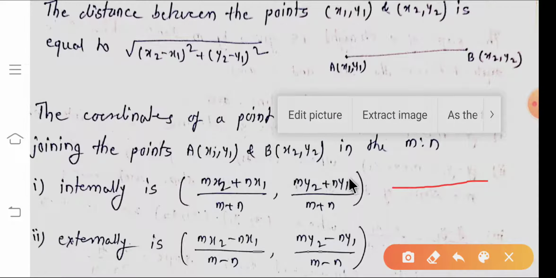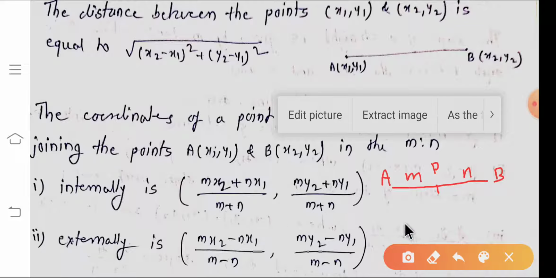If P divides AB in the ratio m is to n internally, then the formula is x comma y equal to (m x2 plus n x1) by (m plus n) comma (m y2 plus n y1) by (m plus n).